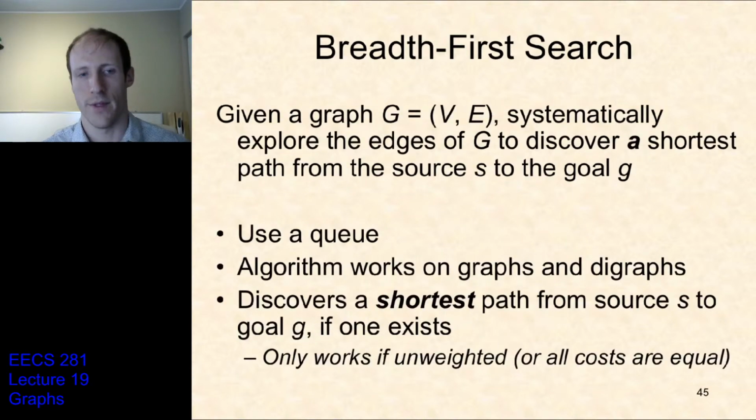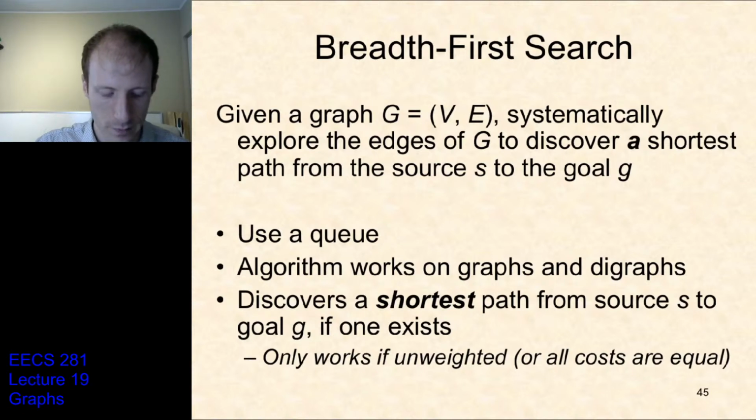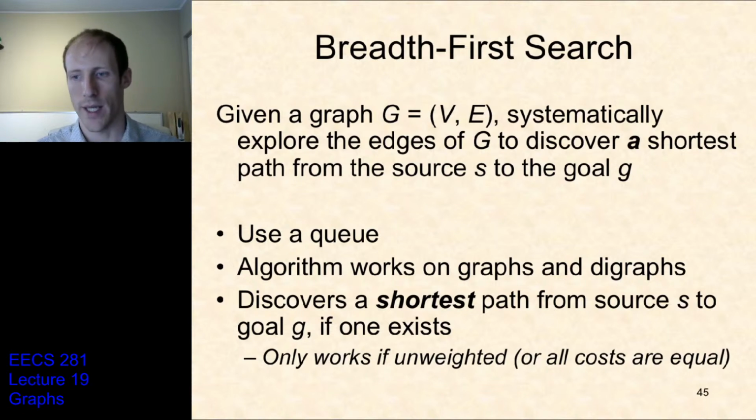So the big idea is we're just going to use a queue instead of a stack. It's going to be the same code as before, except now we have a queue. And this is only going to find the shortest unweighted path. It's not taking into account any weights on the edges or anything like that.